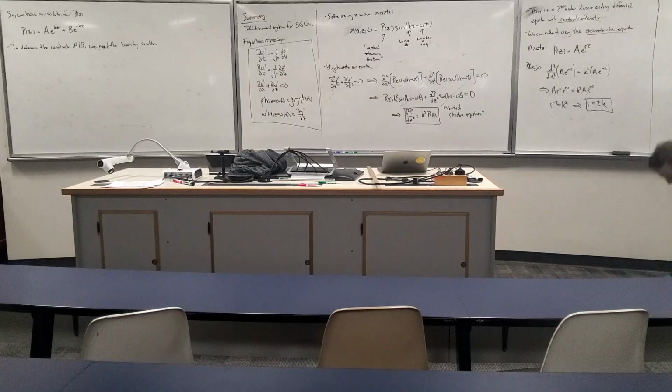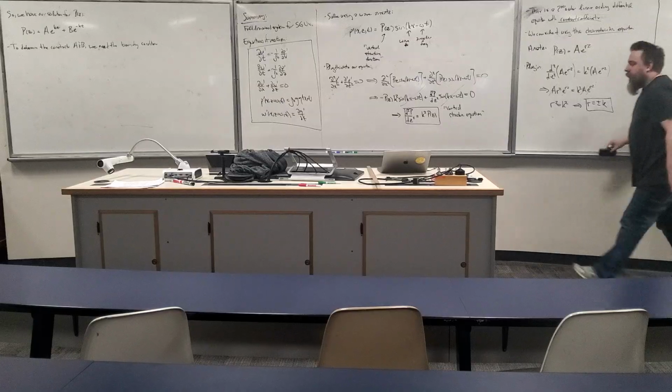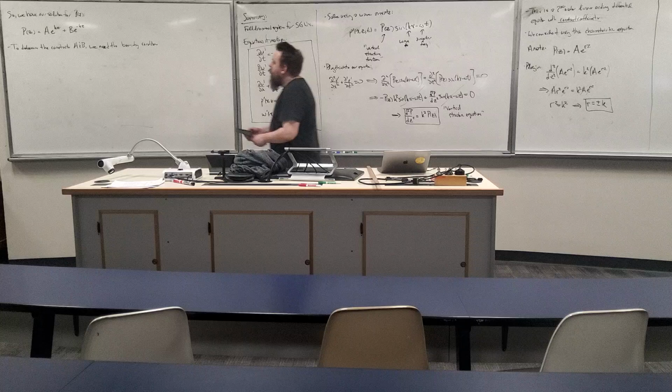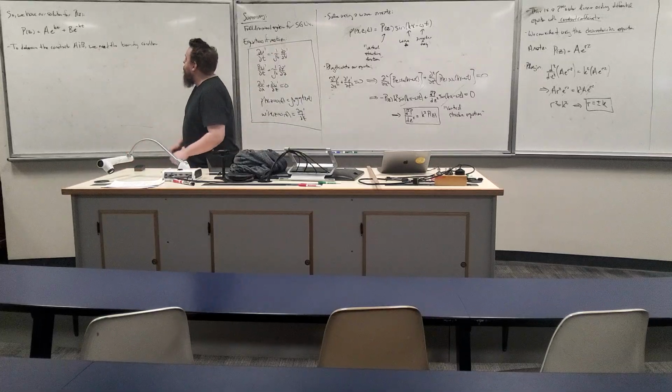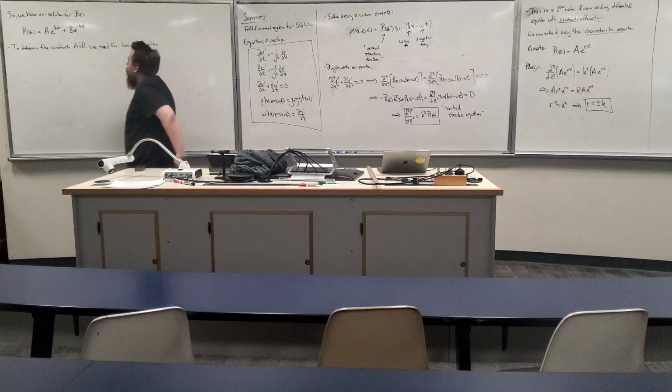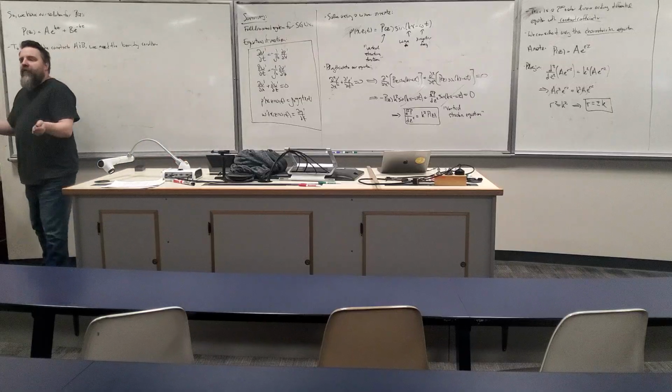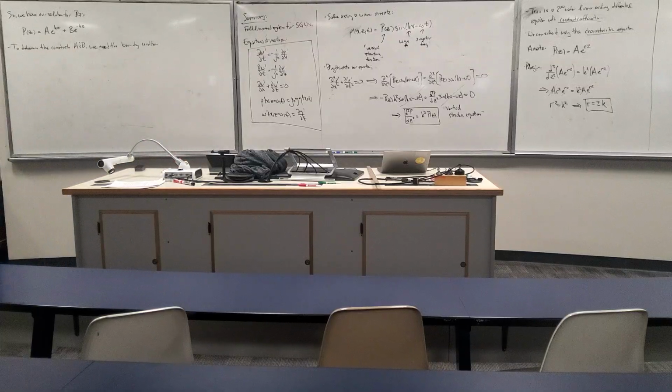Okay. All right. So, thank you. So, we have these two constants because we had two values of r. r could either be plus k or it could be minus k. And usually when you solve a differential equation, you end up with constants.